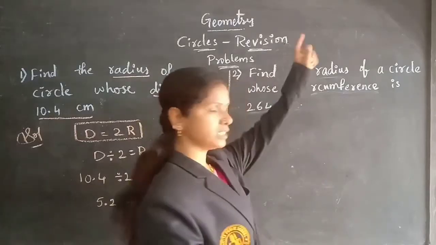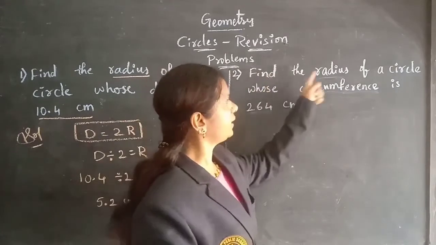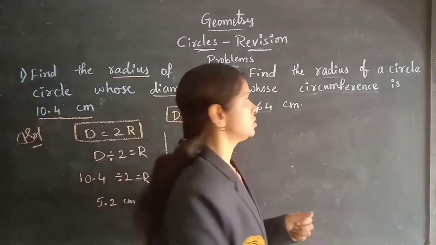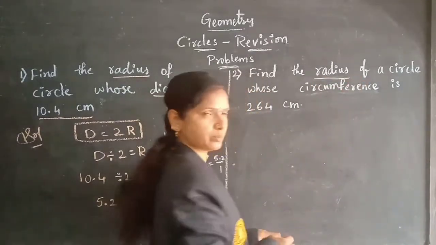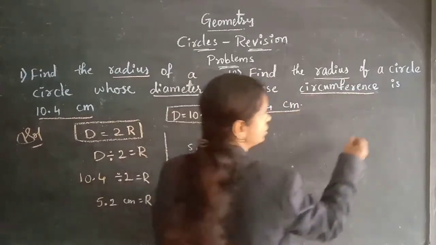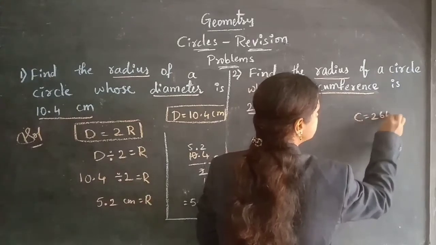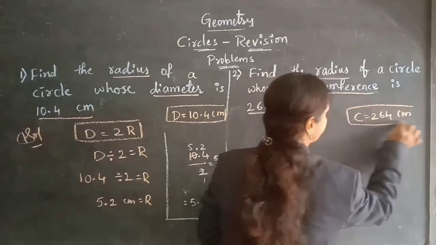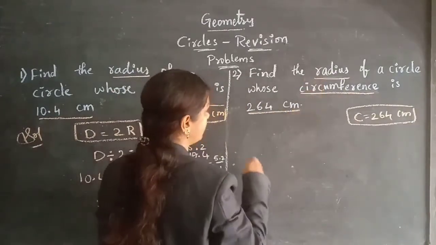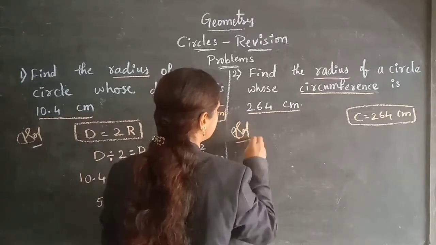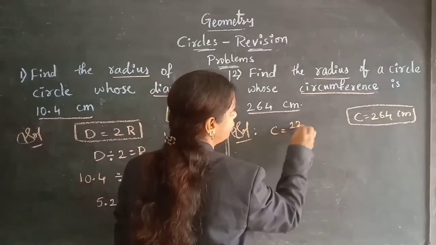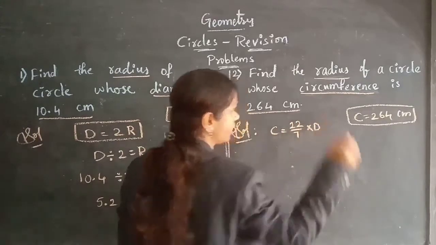Yes children, coming to this problem: find the radius of a circle whose circumference is 264 centimeters. So we need to find the radius in this problem, and they gave the circumference as 264 centimeters. Now we write the formula based on circumference and radius. What is the formula? Circumference is equal to 22 by 7 into diameter.